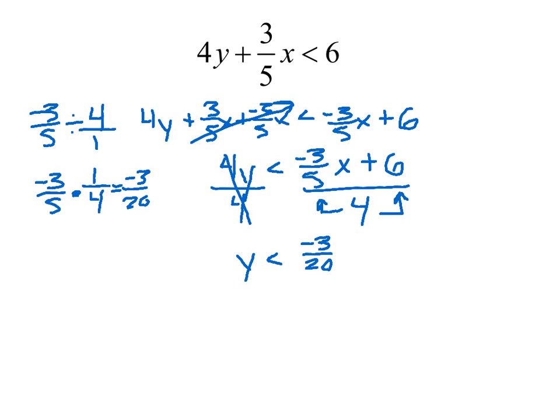Negative 3/20, don't forget your x, plus 6 over 4 simplifies to 3 over 2. Here we are. y, inequality symbol, mx plus b.